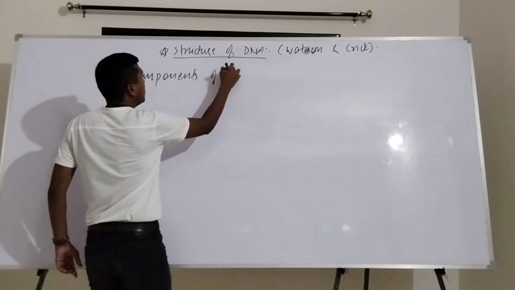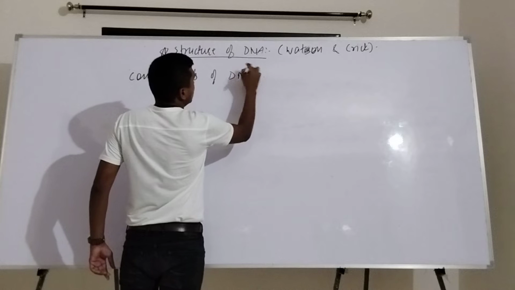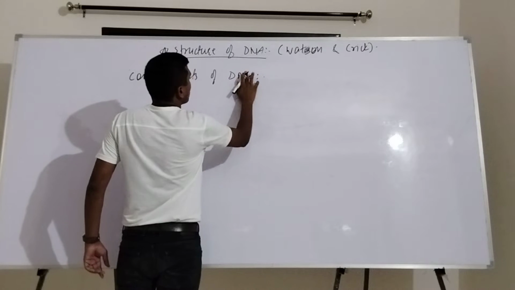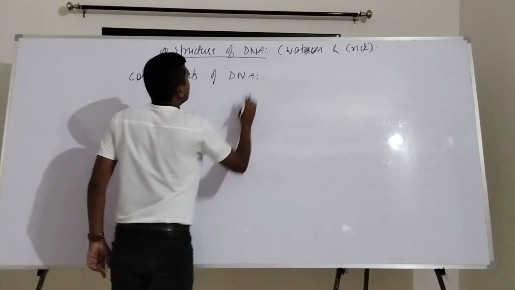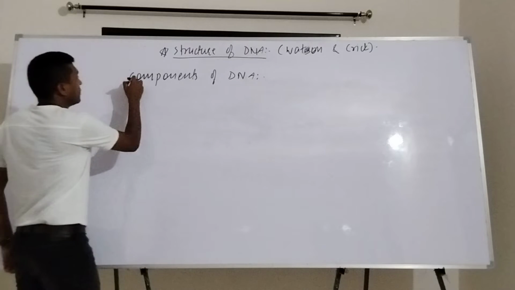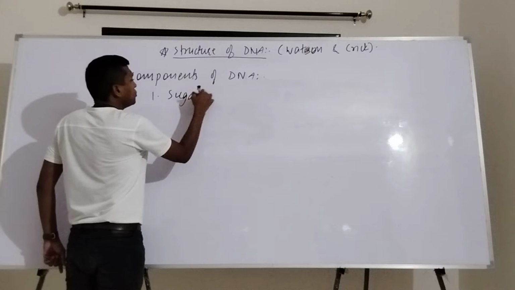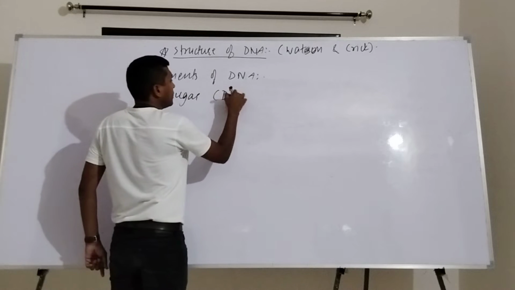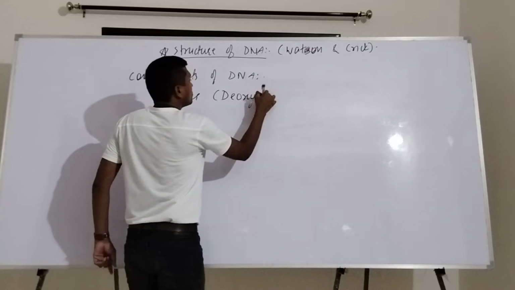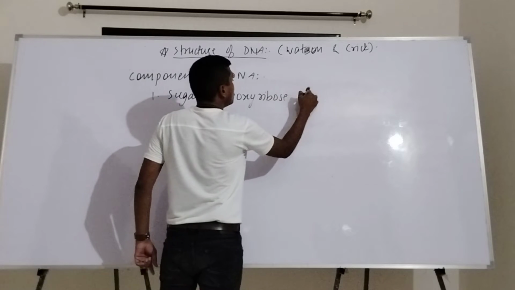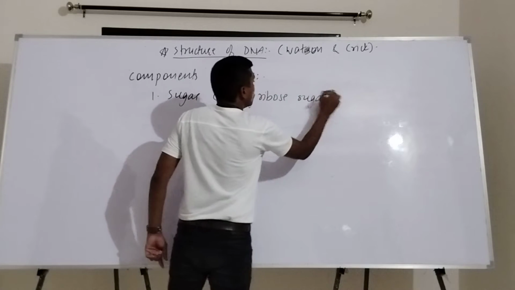So if we talk about the components of DNA, DNA is basically made of three different components. The first component is called sugar. In case of DNA, this is called deoxyribose sugar.